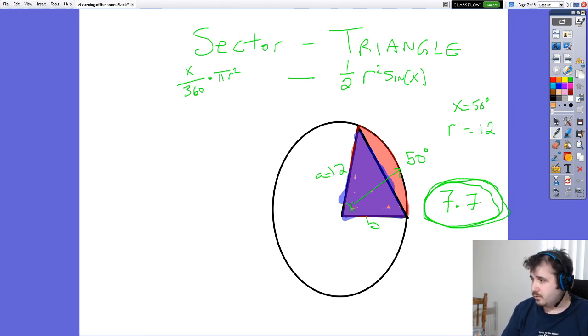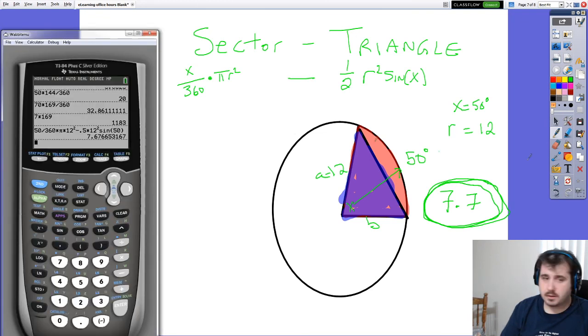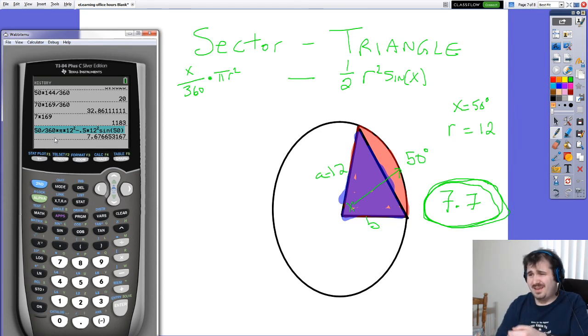What you're going to do is just like I did. The only difference is you're going to type in, instead of 50, like where I put here and here, you're going to type in your angle. Instead of 12, which I put here and here, you're going to type in your radius. And otherwise, it's the same thing.